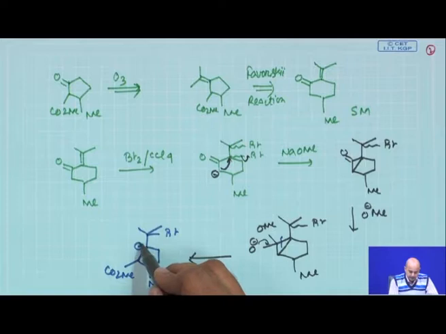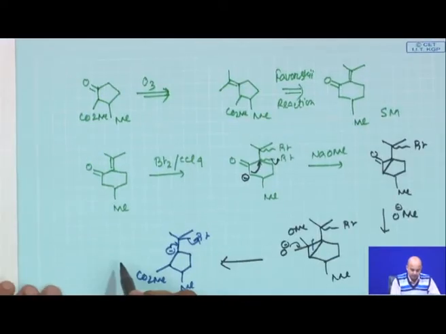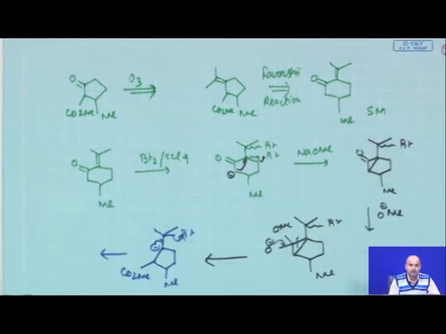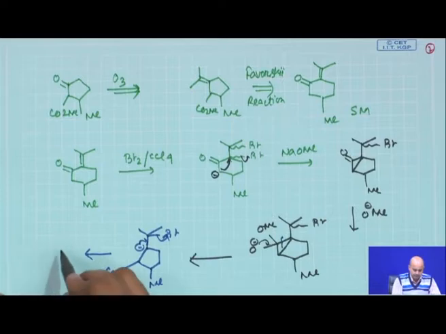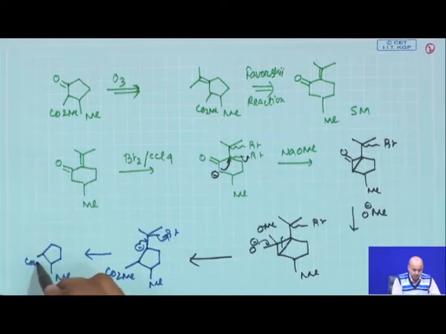This negative now triggers the elimination of this bromide, and once this bromide elimination takes place, you will get the compound which you are looking for. MeCO2Me remains there.